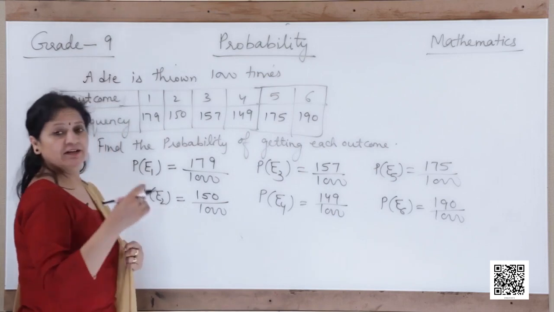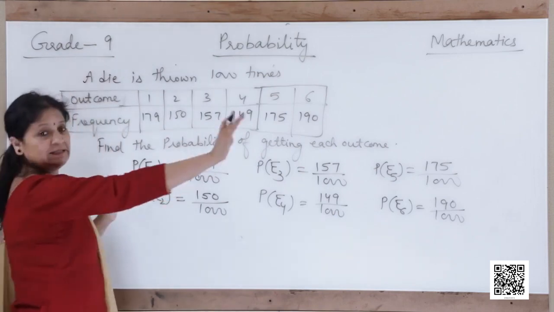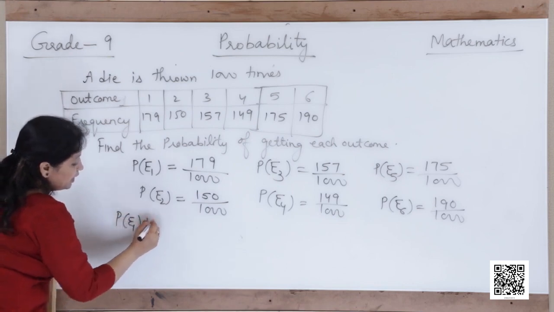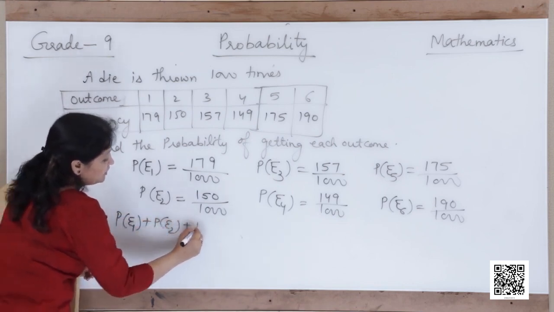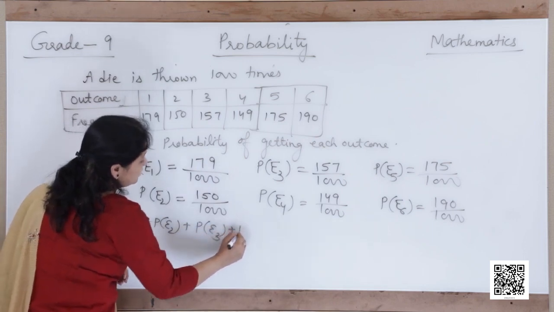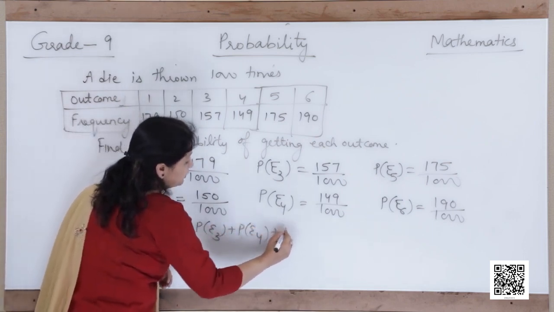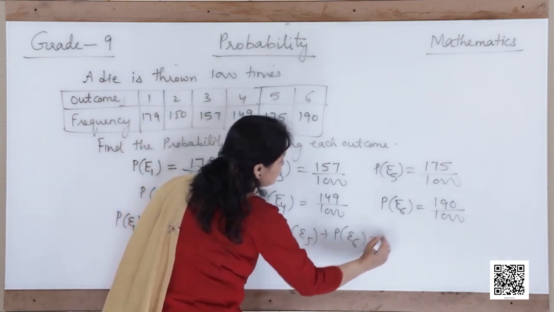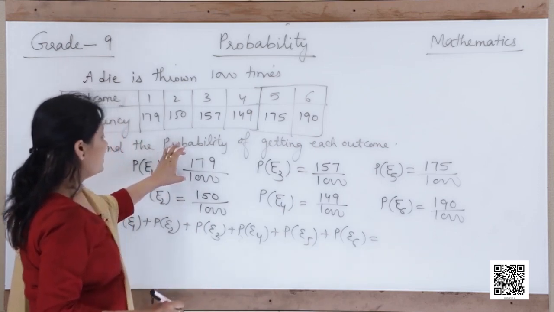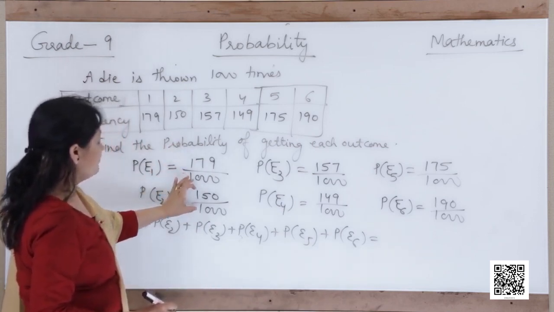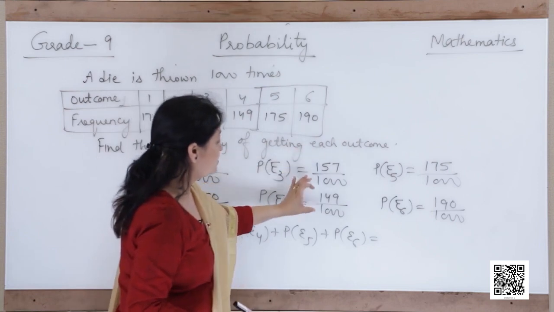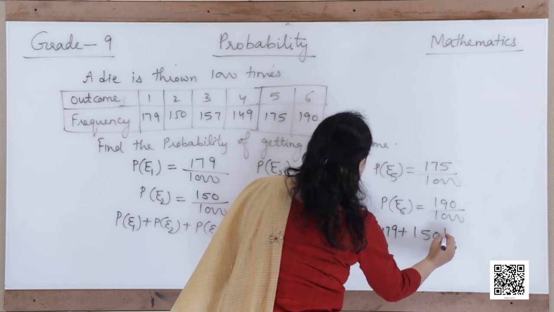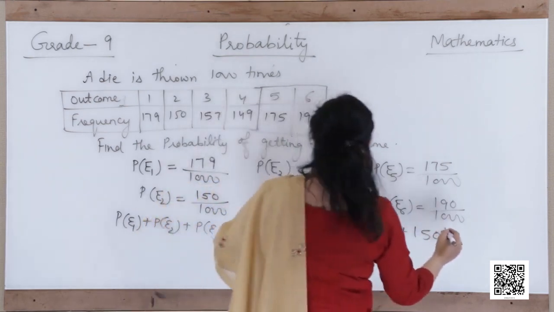Now, also let us check whether the sum of all these probabilities is equal to 1 or not. Probability of E1 plus probability of E2 plus probability of E3, E4 plus E5 plus E6 is equal to 179 plus 150 plus 157 plus 149 plus 175 plus 190.